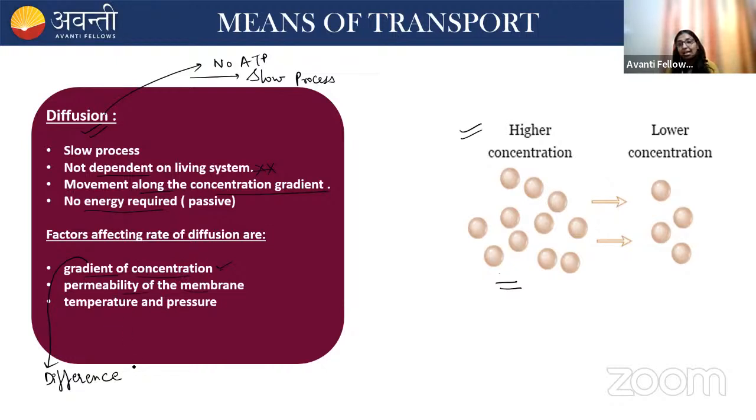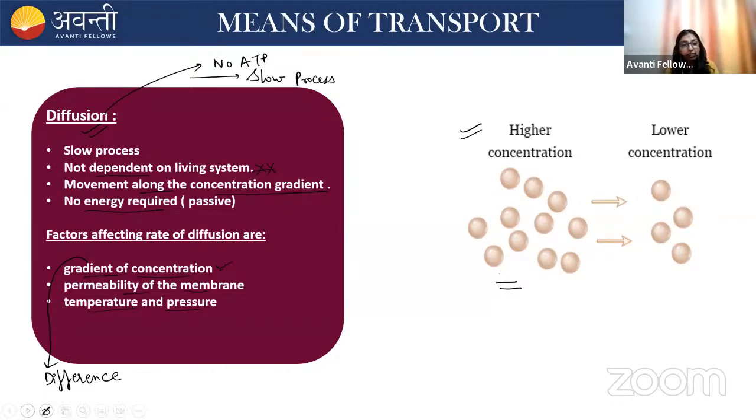Permeability of the membrane: on the basis of permeability, the membrane could be permeable, impermeable, selectively permeable, or semi-permeable. Temperature and pressure also affect the rate of diffusion. The rate of diffusion is high if there's an increase in temperature. If there's an increase in pressure, the rate of diffusion will be high.